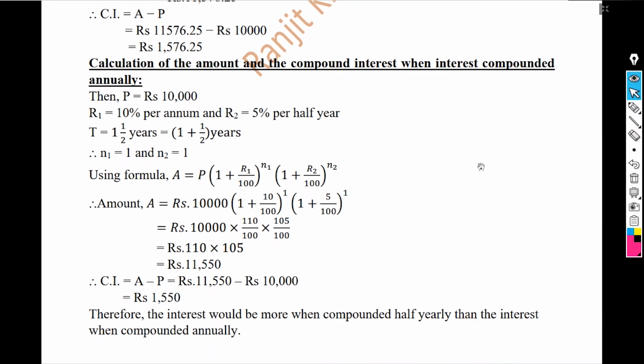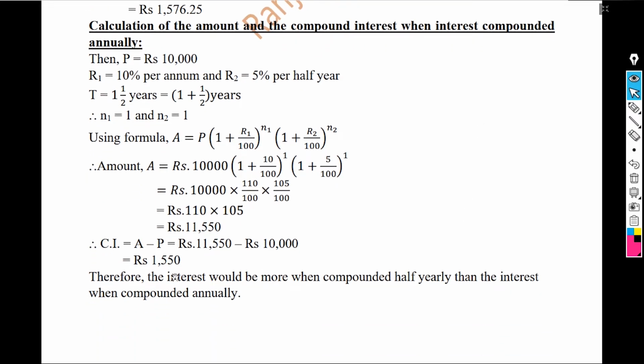Now you have to calculate compound interest, and you can calculate easily. कैसे निकालोगे, क्या निकला, 1550. पहले केस में क्या निकला था, 1576.25. It is in first case rupees 1576.25, and in second case rupees 1550.